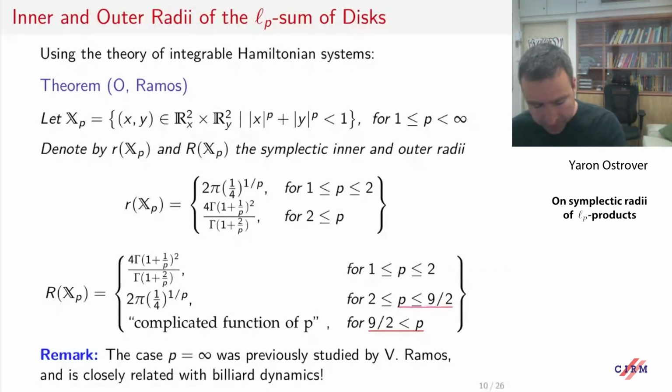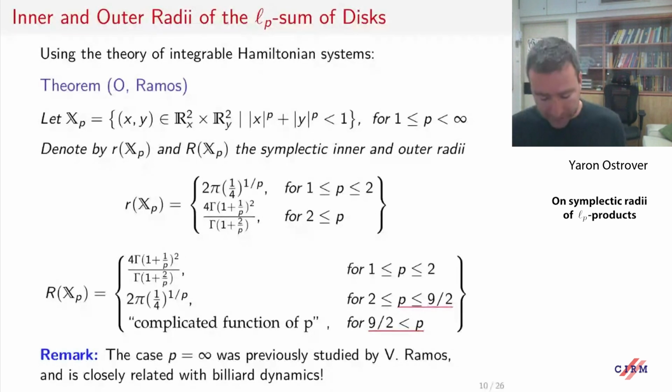Ramos computed the inner radius, the outer radius, and also several embedding questions for this configuration of the Lagrangian product. And when we take P to infinity, the formulas that we see here recover the formulas obtained by Ramos.